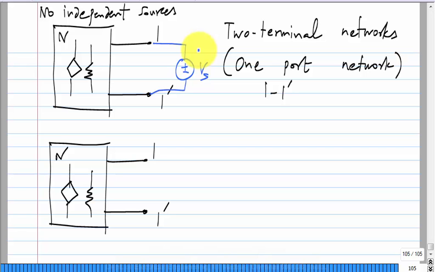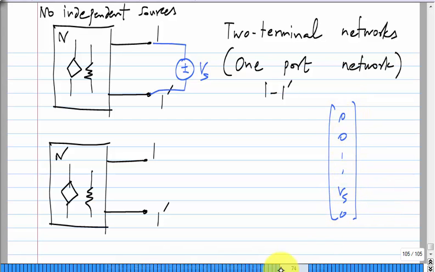So what can you say about all the voltages and currents in the network N? Proportional to Vs. How do you know? There are many ways to do this. You can imagine a nodal analysis solution where you have the source vector, and every element would be 0 except one of them. The solution is that the node voltages will be G inverse times this.